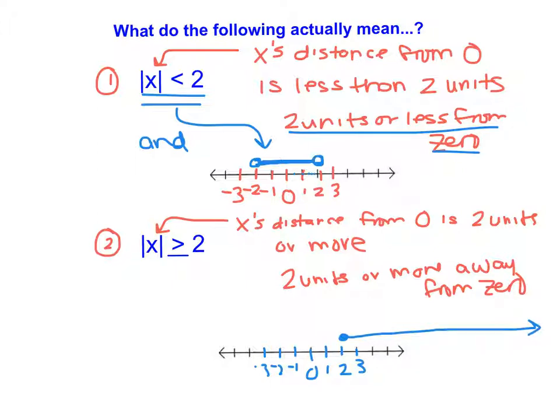And then if we go in the negative direction, if we start at -2, then -3, -4, -5, all of those are numbers that are 2 units or more away from 0. And that's what this is saying. As a result, any number in this region here or this region here would make this inequality true because it's dealing with absolute value. So here, this is an OR situation.